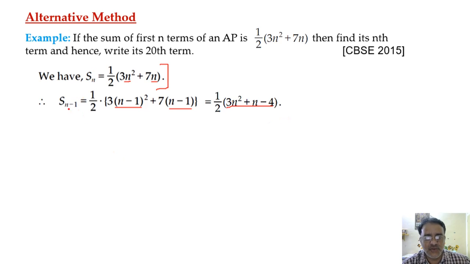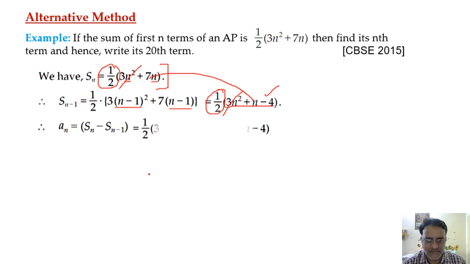Now subtract these two, Sn minus Sn minus 1. When we subtract, half is common, and this 3n square will be cancelled, and 7n minus n will become 6n, and this will become plus 4.